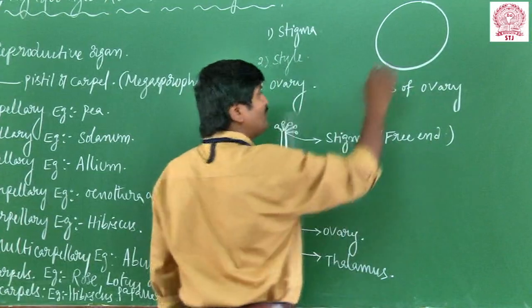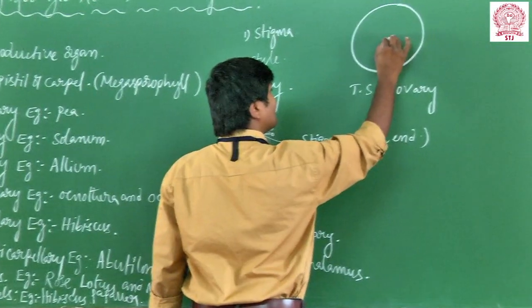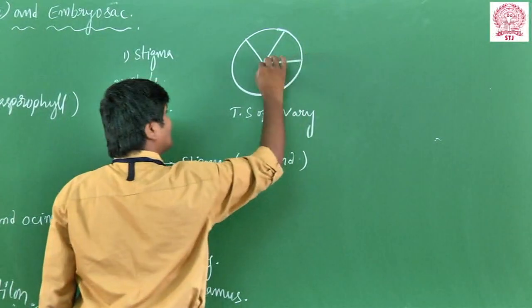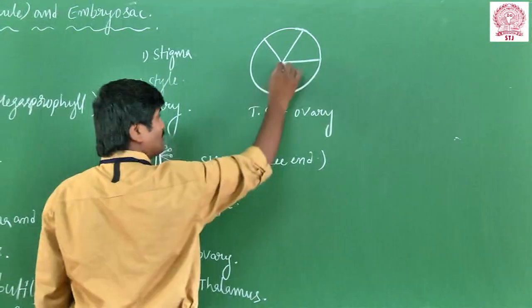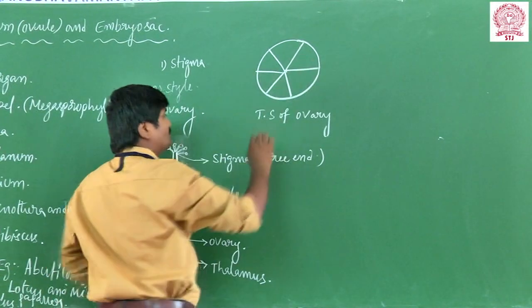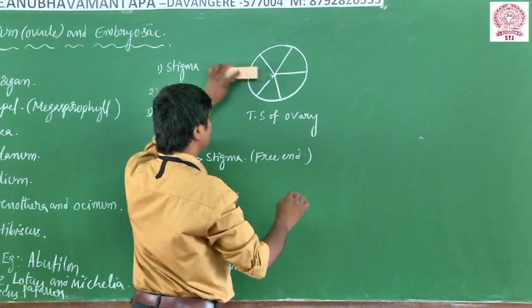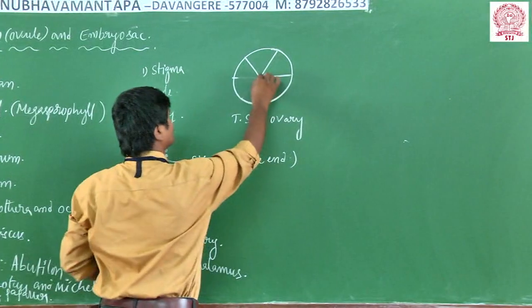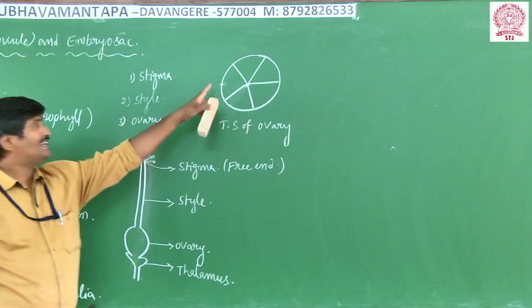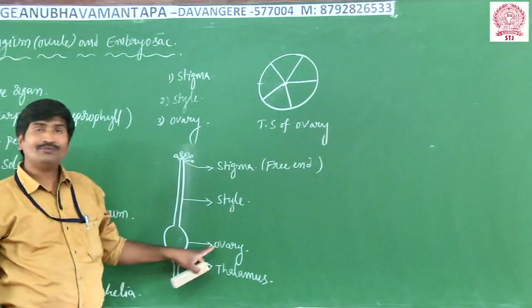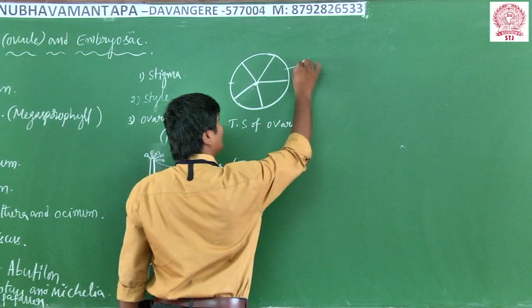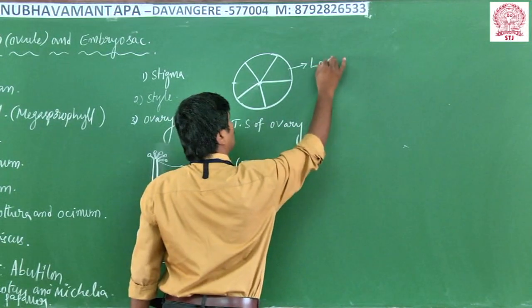In the TS of the ovary, the ovarian cavities are present inside. That ovarian cavity is known as the locule.